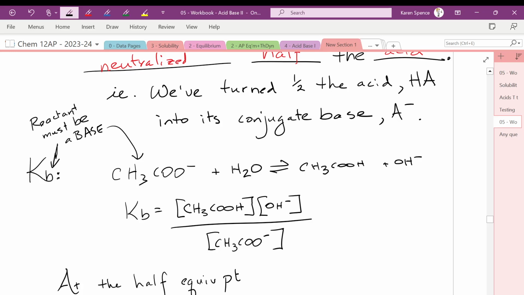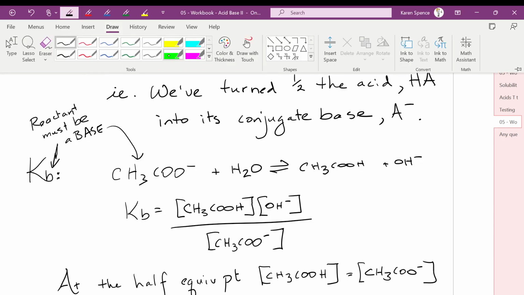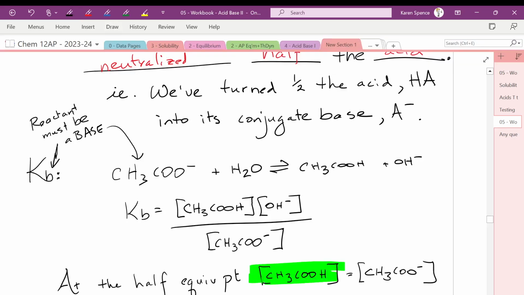At the half equivalence point, what is true? The CH3COOH is equal to the CH3COO minus. And therefore, we have it here.